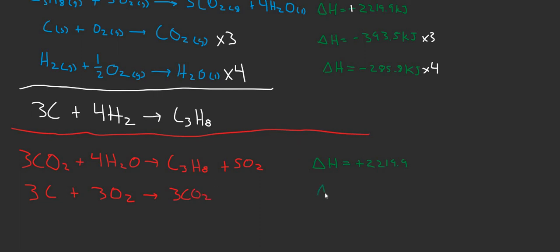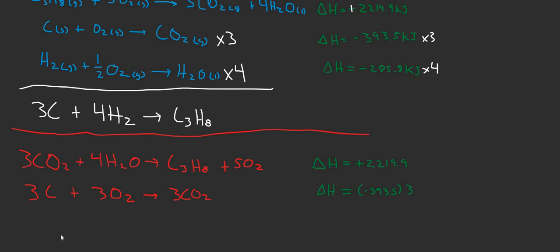And we're going to multiply the delta H by 3. So we'll take our negative 393.5 and we're going to multiply it by 3. Just like that.